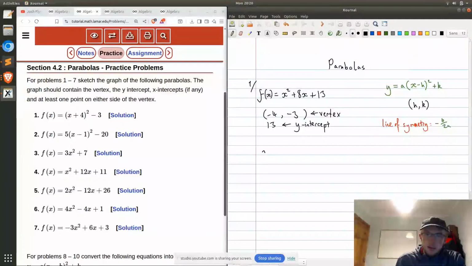We can just complete the square here. Then that would cause a minus 16, so a plus 16, so 3. Oh, I remember.